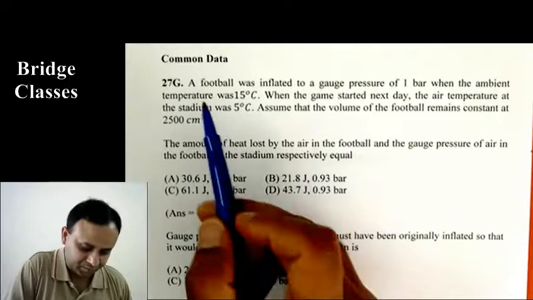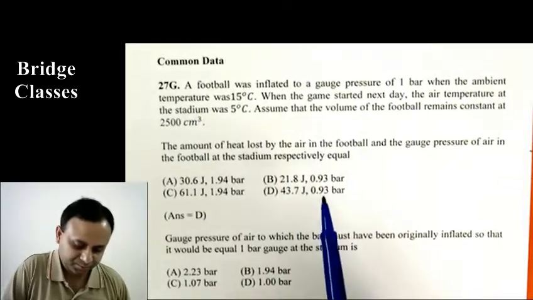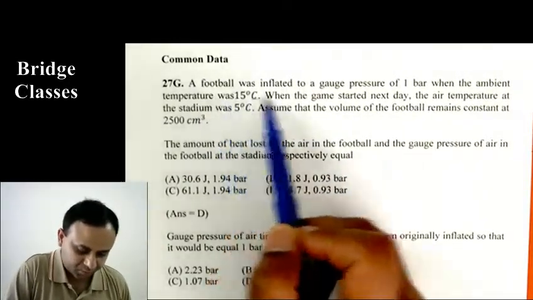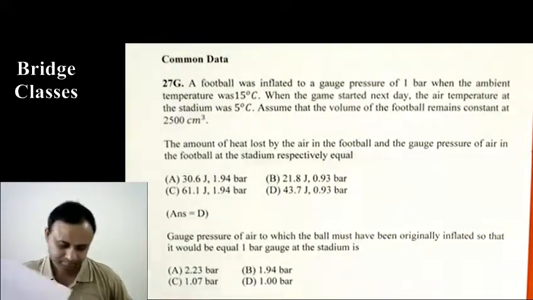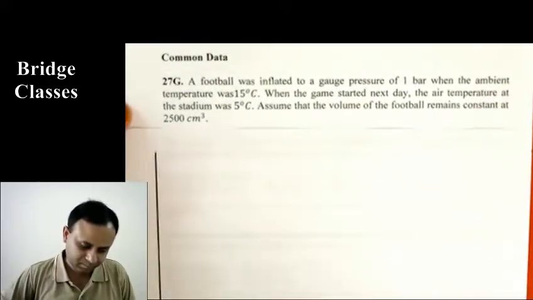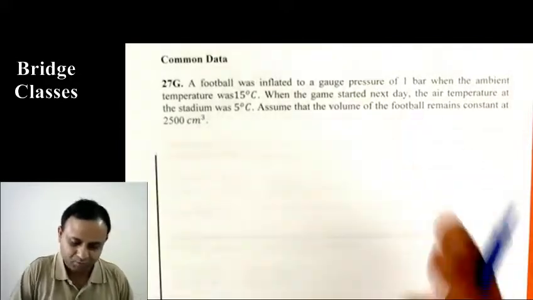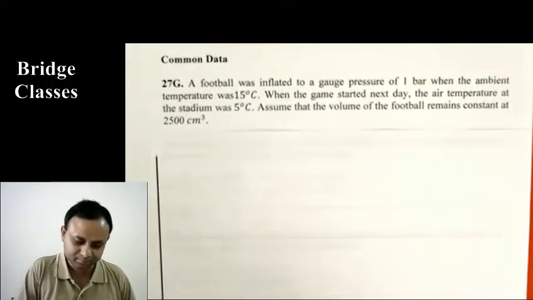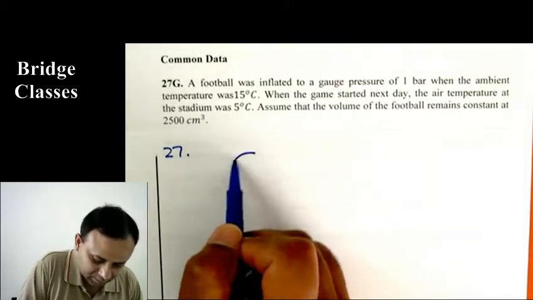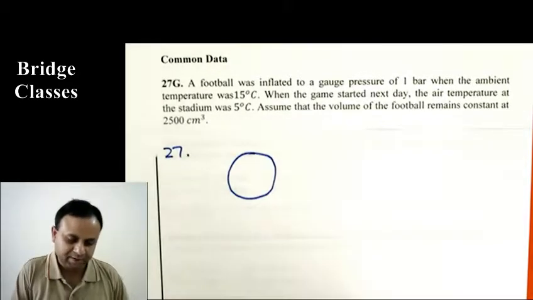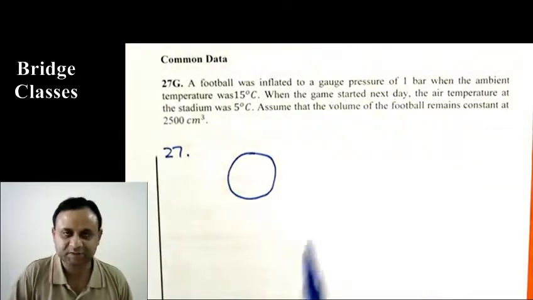Okay, let us see number 27. This is also a GATE problem. It says a football was inflated to a gauge pressure of 1 bar. Let's say this is the football, and it is inflated to a gauge pressure of 1 bar.